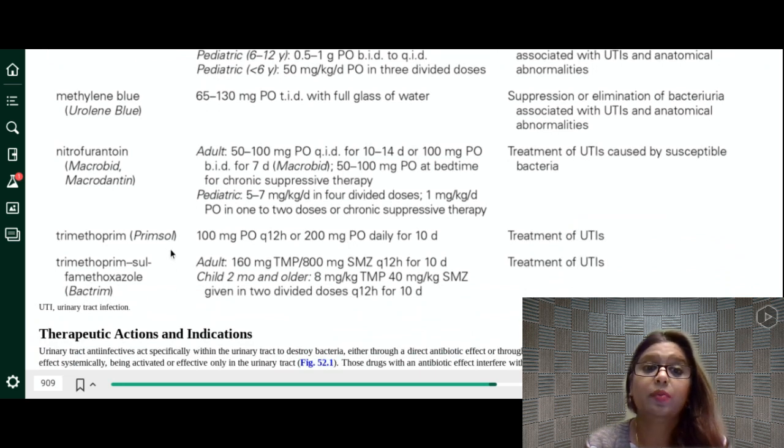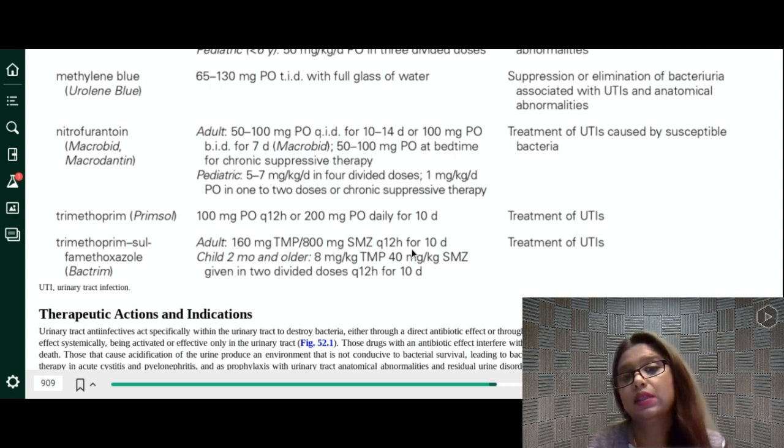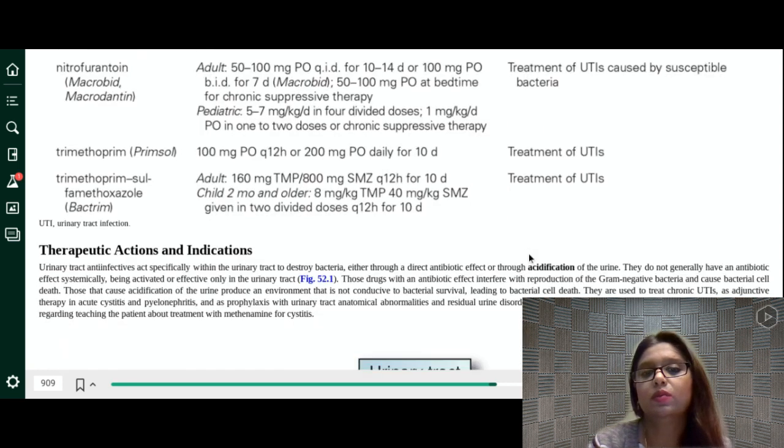Then trimethoprim is 100 milligrams, a treatment for UTI. Trimethoprim and sulfamethoxazole is 160 milligrams over 800 milligrams, so trimethoprim is 160 and sulfamethoxazole is 800 milligrams. A person can take it every 12 hours, depending on what the physician orders.